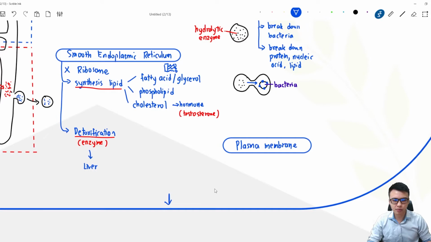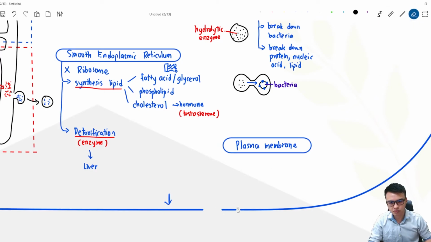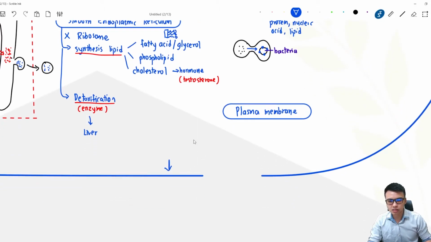But this plasma membrane is not a straight line actually. When we zoom into this plasma membrane, this is something that you guys can see. It is made up of 2 layers of small little guys.